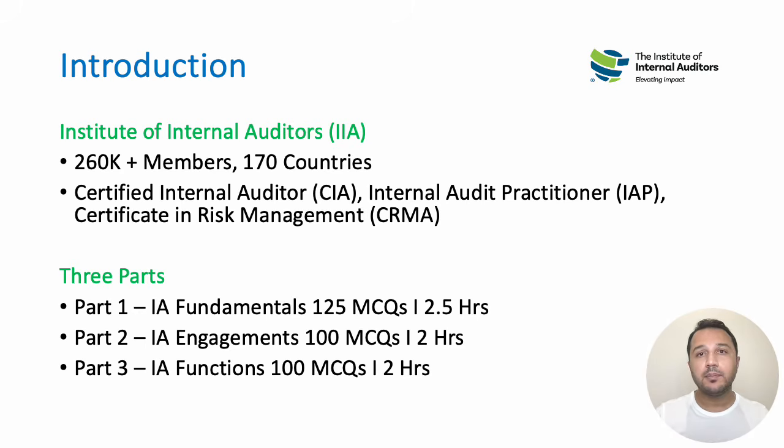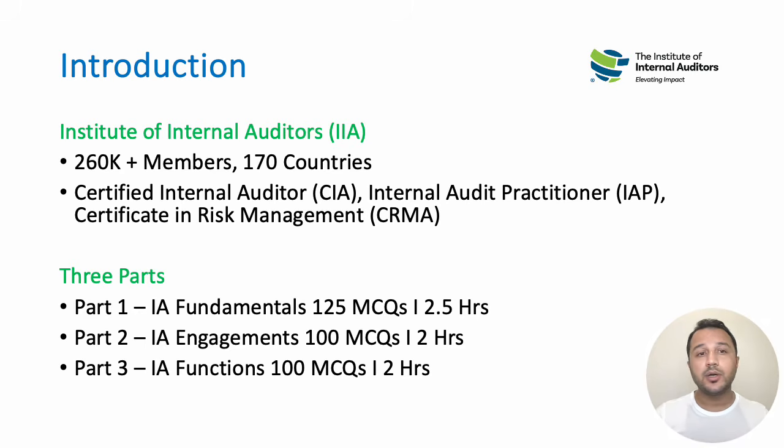The CIA exam mainly has three parts. Part 1 talks about internal audit fundamentals, which sets the foundation of internal audit activities, and comprises 125 MCQs in a 2.5-hour exam.